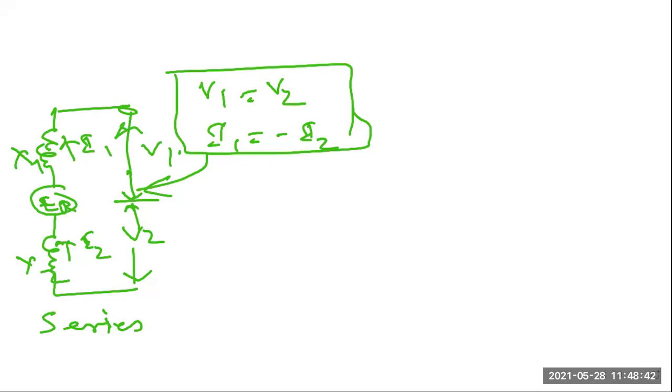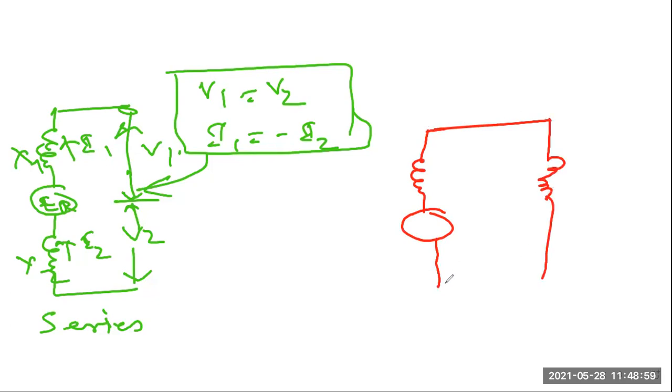Okay, so we will redraw this circuit now. Let us say this is your X1 and there is an ER, and then we have this X2. This is your ER, the generated EMF. This is your X1, this is your X2.